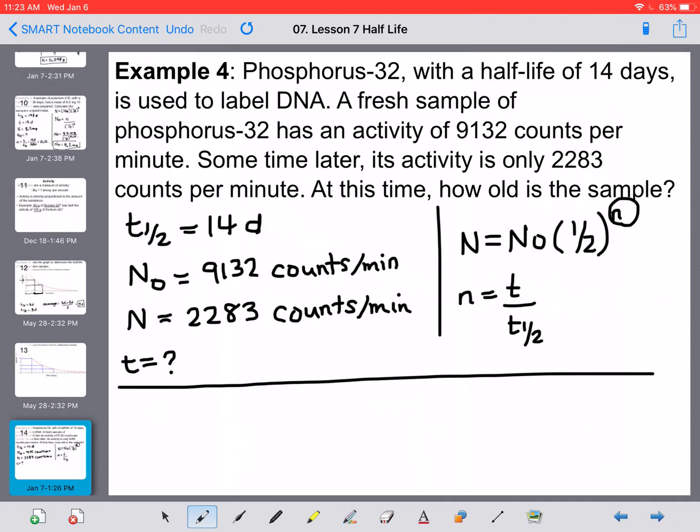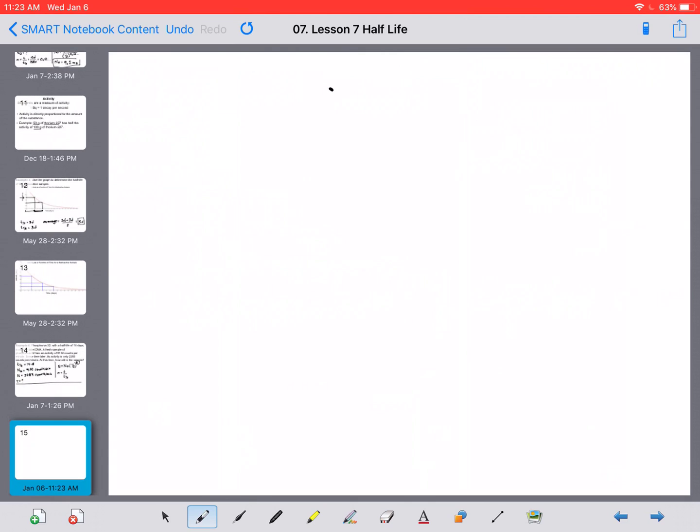So basically, you write down 9132 because that's the original amount. When little n is 0, no half-lives have passed yet, the amount, or the activity, same idea, is 9132.